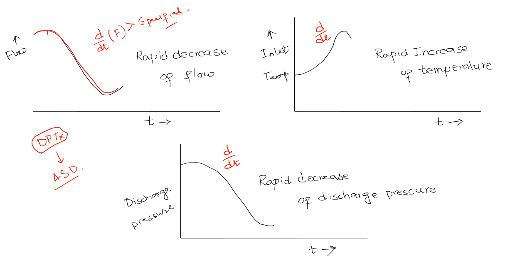Otherwise, the surge cannot be detected. So what are the various parameters? Obviously, there are three things here. One is response time. Second is your accuracy. And third is your repeatability.